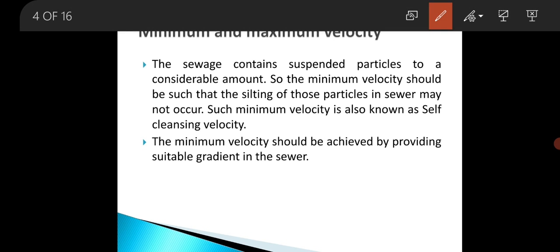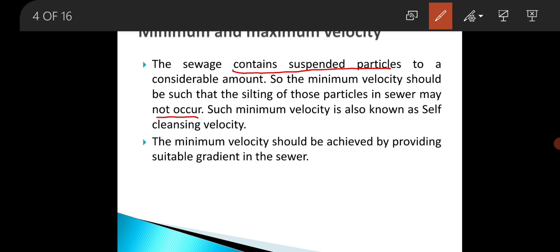Generally, sewage contains suspended particles, and the minimum velocity should be such that the silting of these particles in the sewer may not occur.